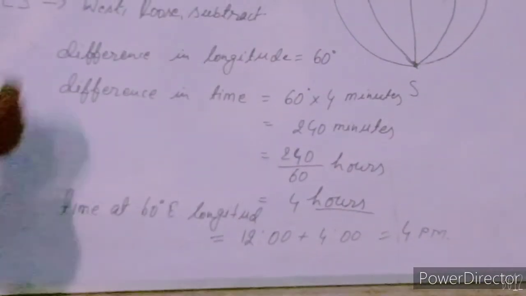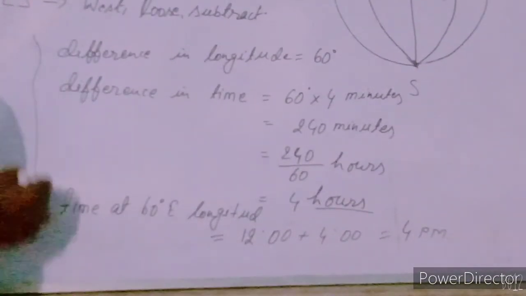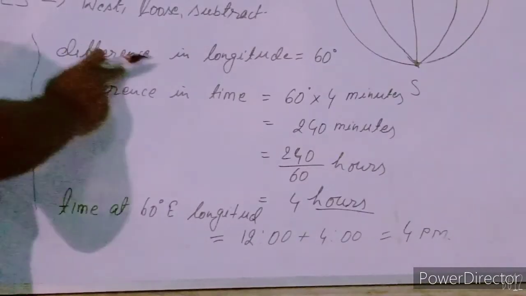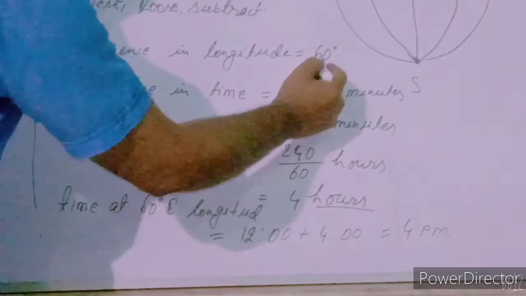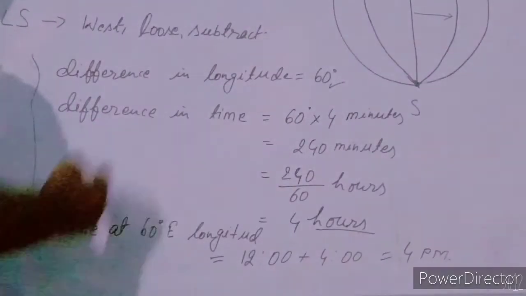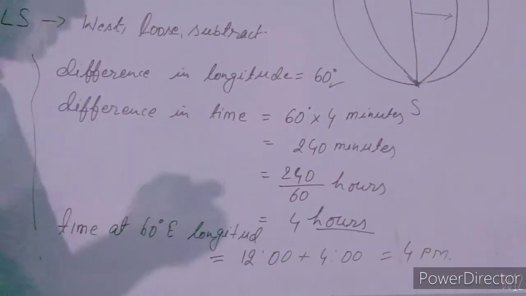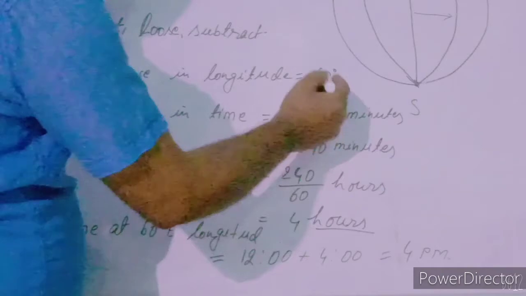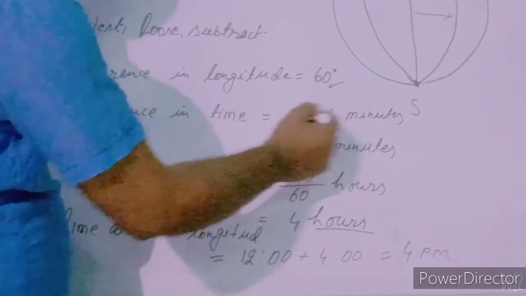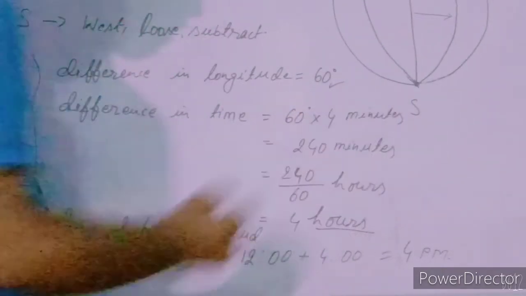So this is the way to find out the difference. At first I got the difference in longitude, 60 degrees minus 0 degrees equals 60 degrees. Then difference in time: time varies by 4 minutes for each longitude. Here the longitudinal difference is 60 degrees, so I multiplied 4 by 60 and got 240 minutes.